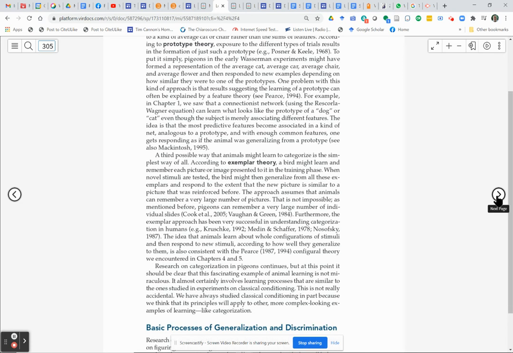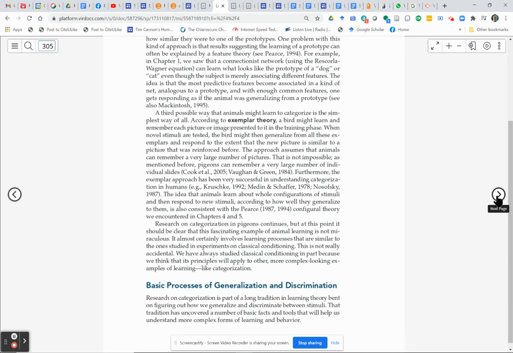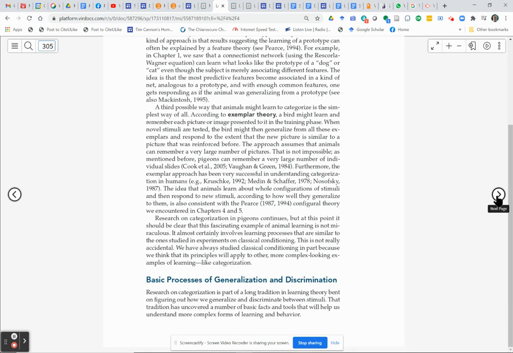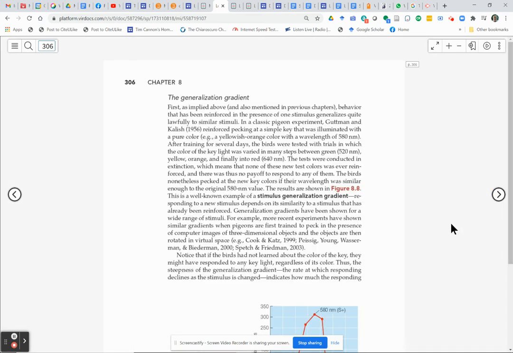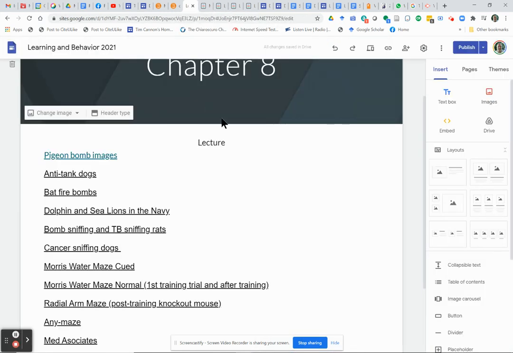And then there are exemplars where there's like a gold standard against which you're comparing other things. I think I'm about to go to some of my videos. Yes, we'll come back to stimulus generalization gradients in a bit. So back here. Now, I mentioned this before.